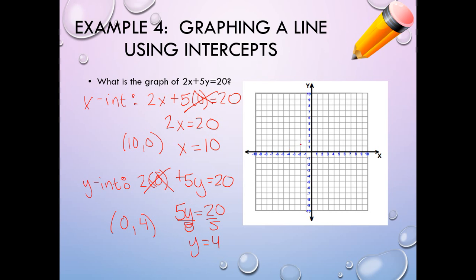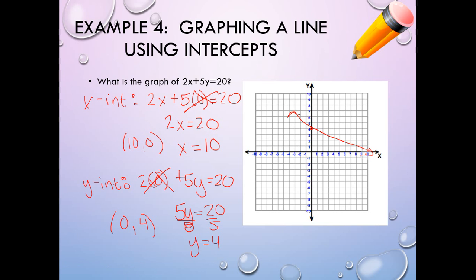So let's graph those. I have 10, 0 right up. Oh, no, that's not right. 10, 0, right there. And then I have 0, 4, so right there. Now, connect my dots. Well, that's not a bad line. There we go. So I have connected my dots.